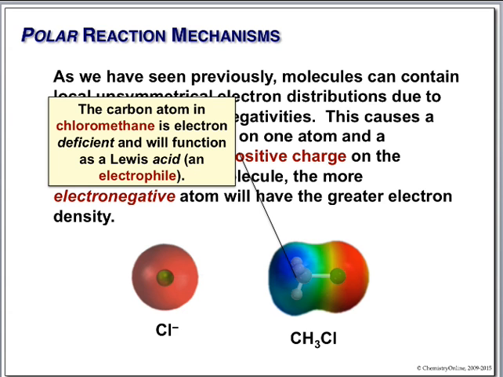This is going to be called the electrophile, the electrophilic center. This means that it is seeking electrons. In this type of substitution reaction, what's going to happen is the nucleophile is simply going to attack the electrophile, and we're going to have a leaving group. So those are the three things that we talk about.